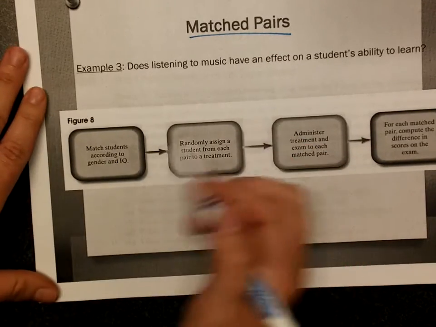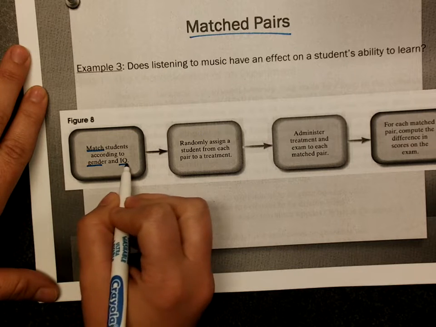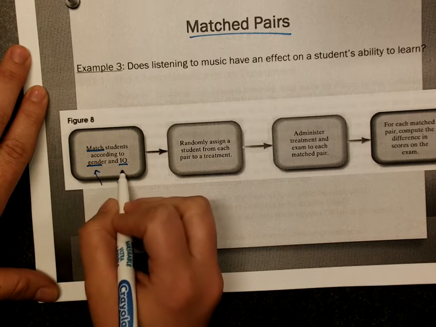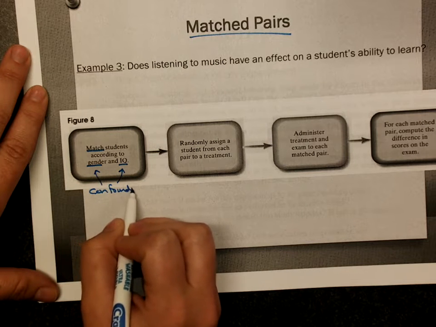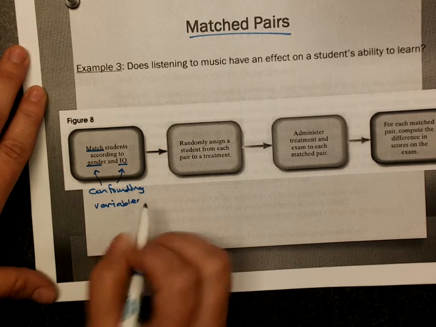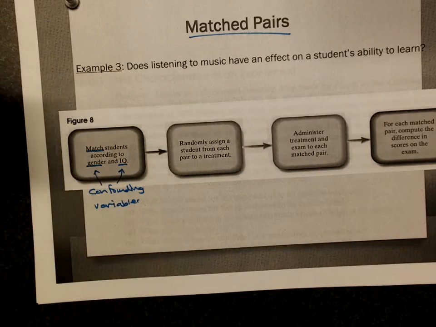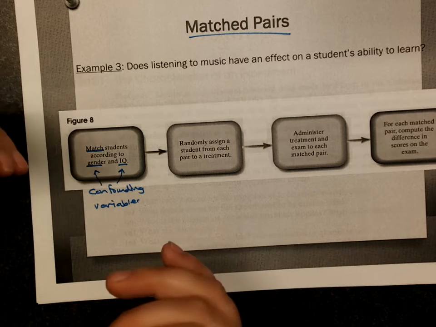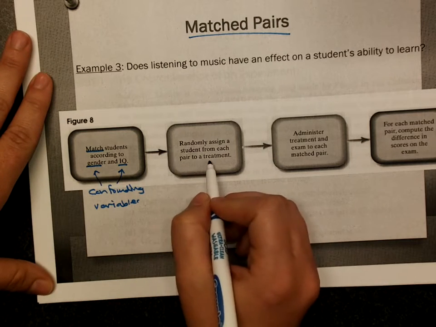So in this situation, we're matching students according to gender and IQ. Gender and IQ are potential confounding variables. So they match them up, female with female with similar IQs, male with male, similar IQs. Then they randomly assign a student from each pair to a treatment.